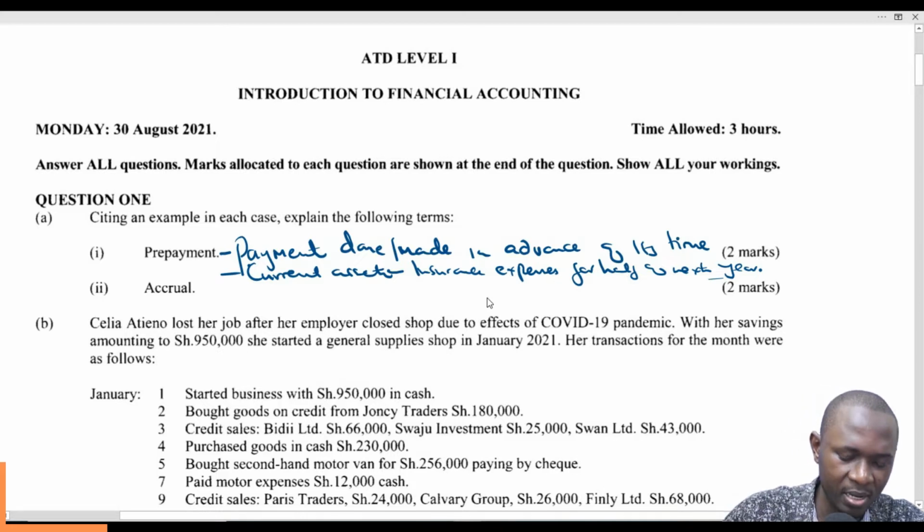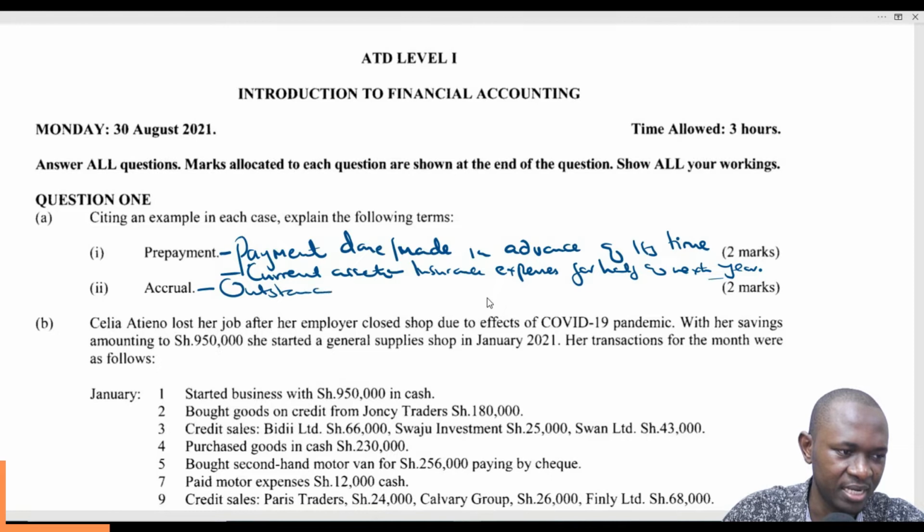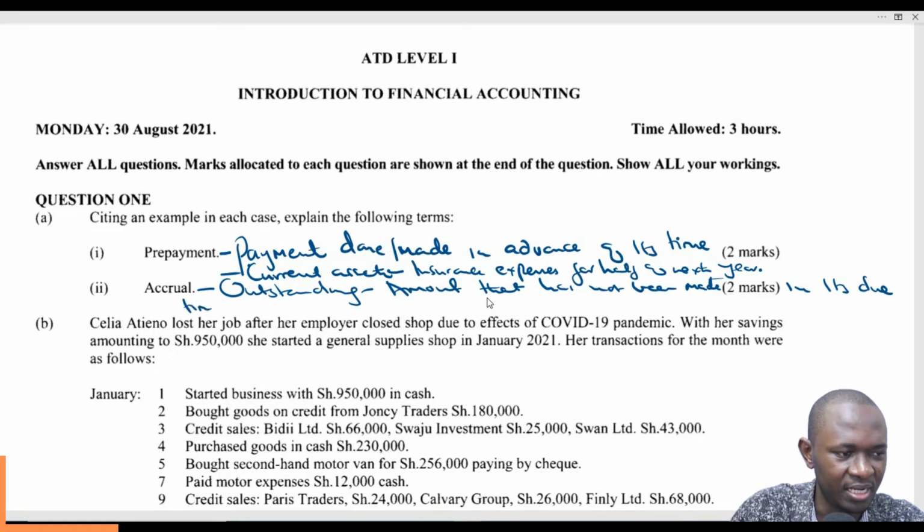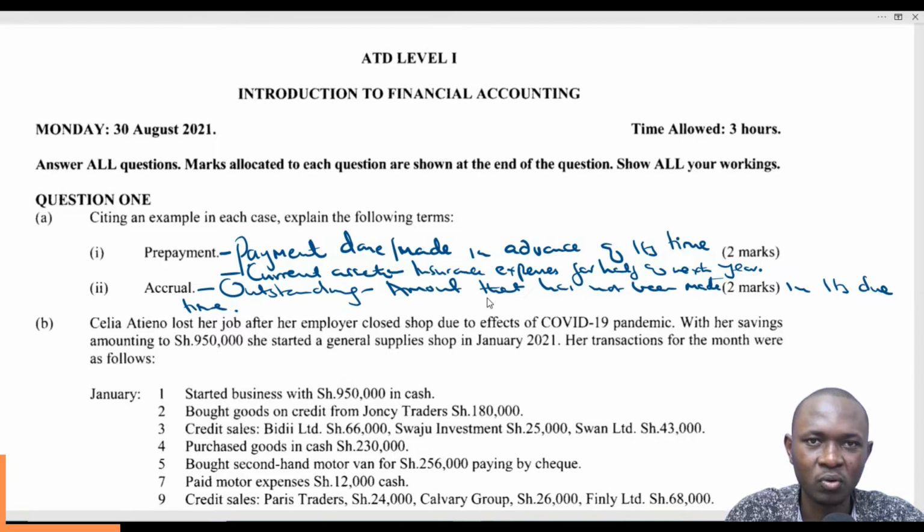Then we have accrual. An accrual is just an outstanding. An outstanding is an amount that has not been paid in its due time. It's supposed to have been paid, but it has not yet been paid.